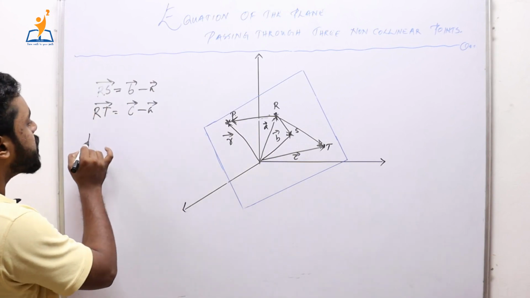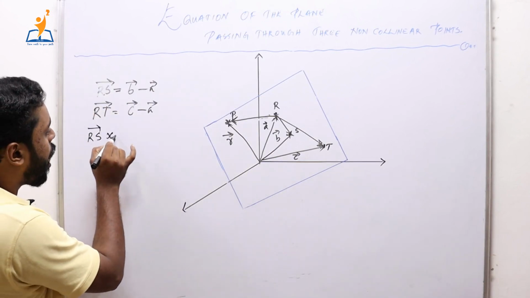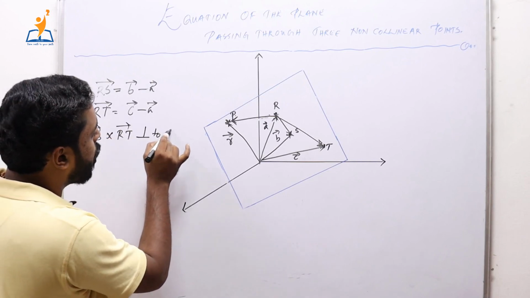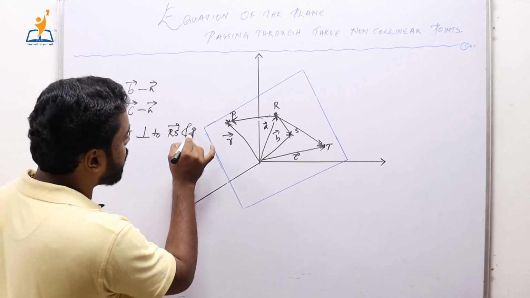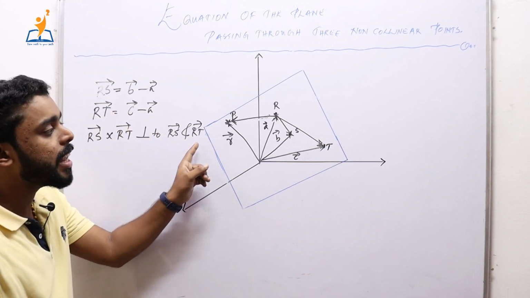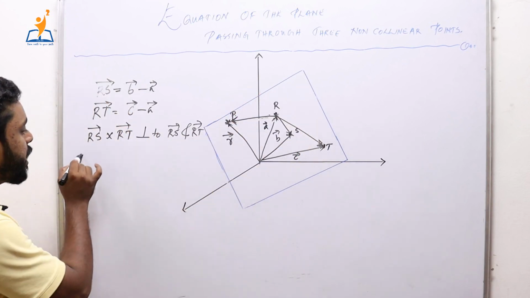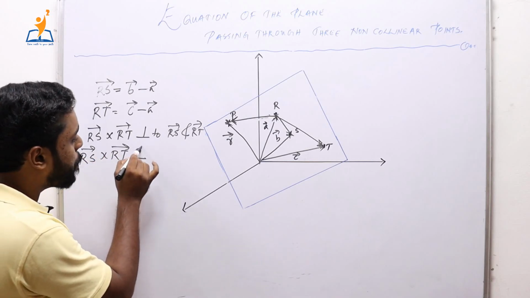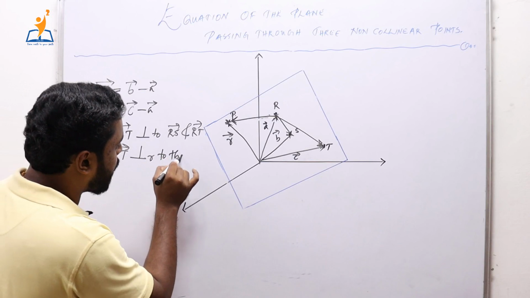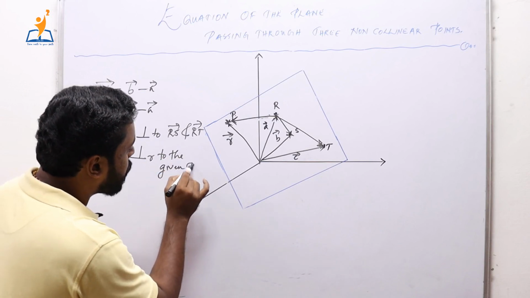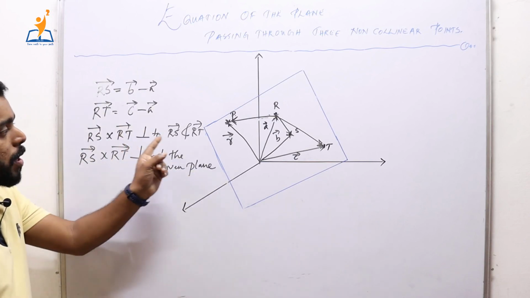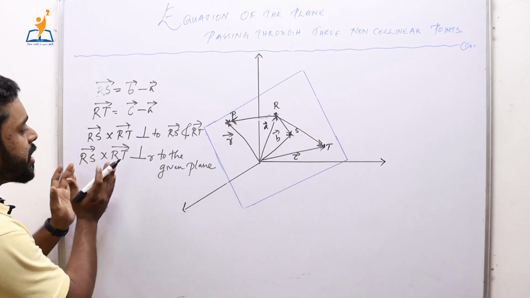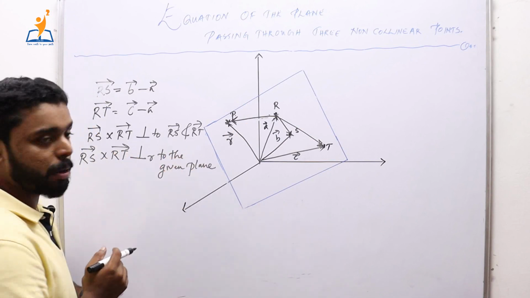So RS cross RT will be perpendicular to RS and RT, isn't it? Now RS and RT lie in this plane. Therefore we can say that RS cross RT will be perpendicular to the given plane, isn't it? Because RS cross RT is perpendicular to both the vectors and both the vectors lie in this plane. Therefore, RS cross RT will be perpendicular to the given plane.